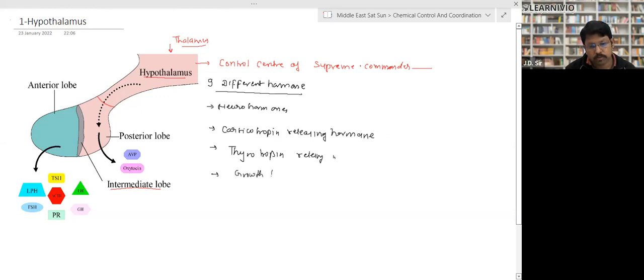Next, gonadotropin releasing hormone. Next, prolactin releasing hormone.